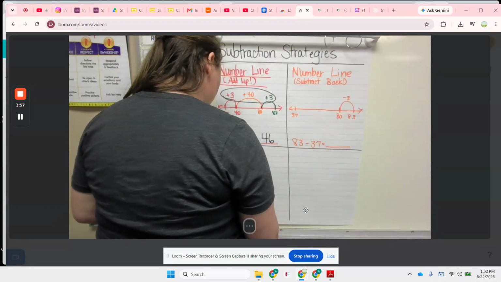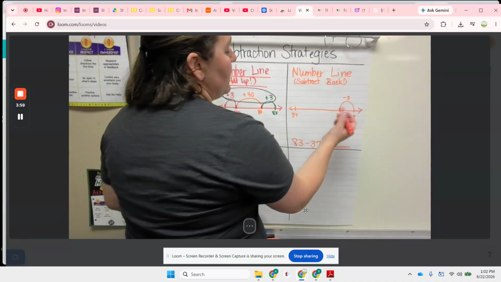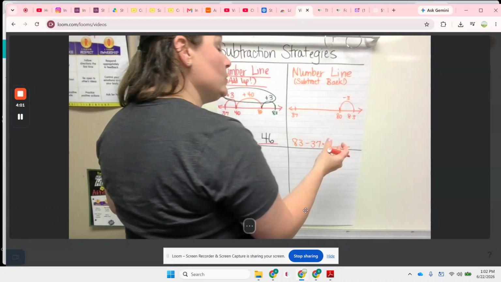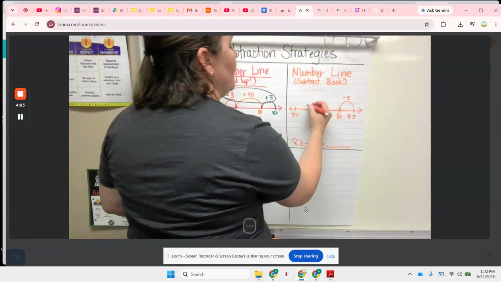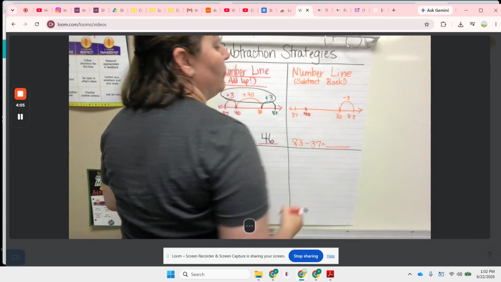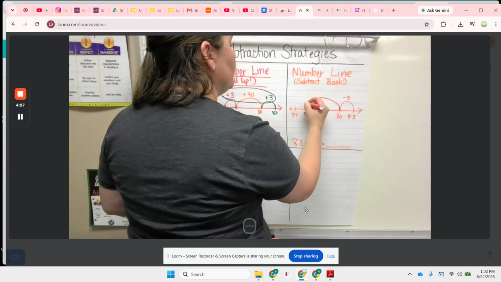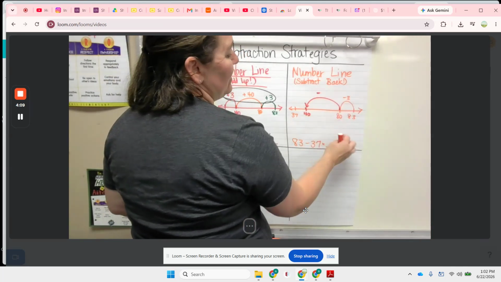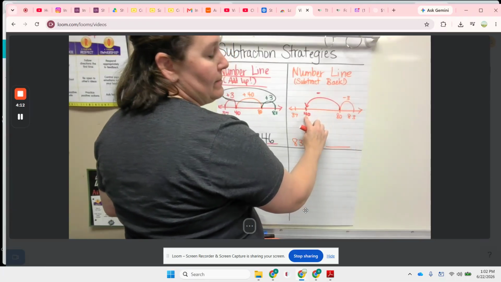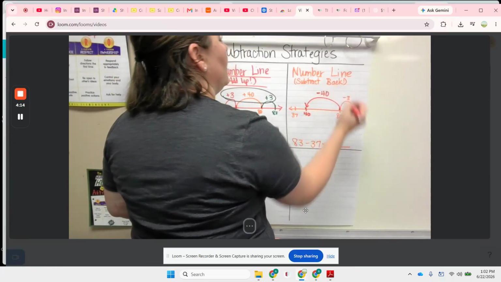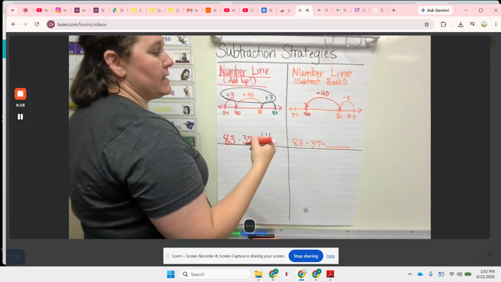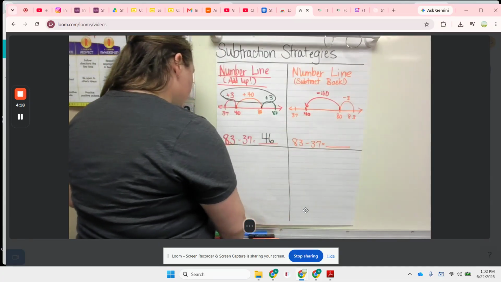So instead of going to 30, then I'm going to get close by hopping to the number 40. So that's where I always ask them, okay, what am I going to take away to start at 80? What do I minus to get to 40? Hopefully somebody can do the mental math and say a minus 40 will get me to 40.